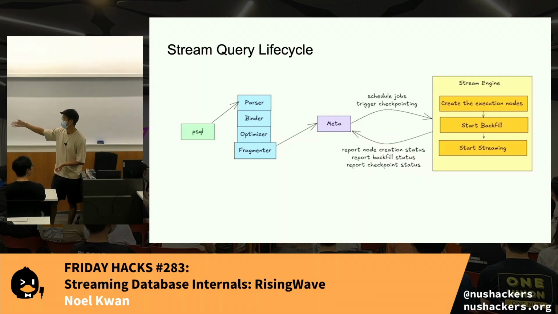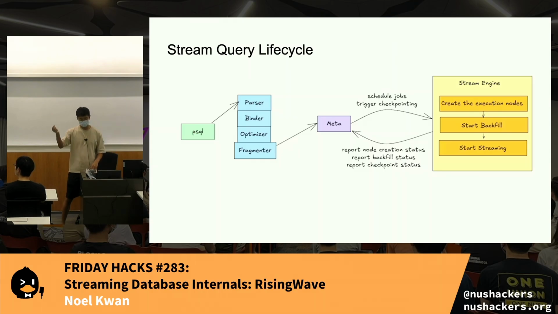You go through the parser, the binder, the optimizer, and then maybe you hit the fragmenter, which will split it up into fragments that we can execute. That's not the focus of today's talk, so I won't go too much into that. And then the meta node is just going to help schedule the job. You will basically create the execution nodes that I talked about earlier, and I will go through that later as well.